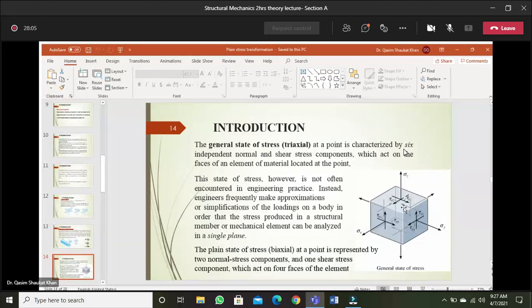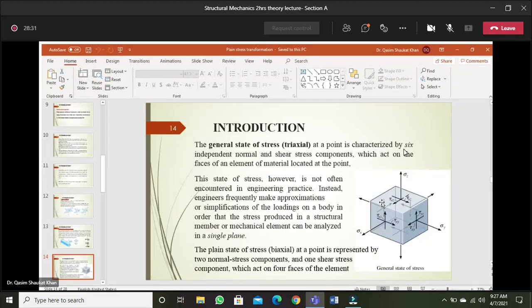Similarly, this one is my XZ face, and this is the normal stress, this is the shear stress. Whatever the normal and shear stress acting on this XZ plane, the same stresses will be acting on this opposite XZ plane.